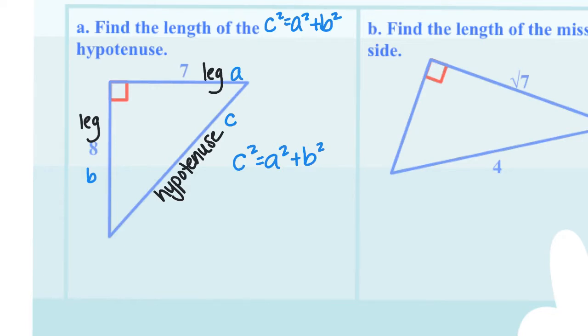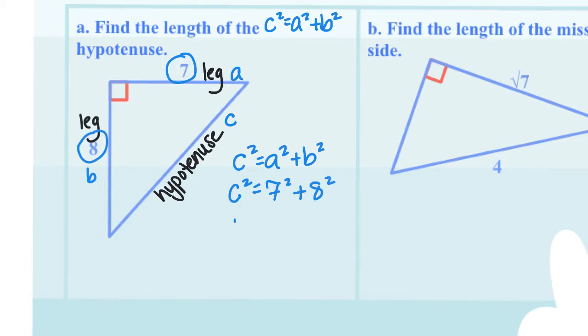We know that c is what we're looking for, so we leave c squared. A is one of our legs, which as we can see here is 7. And b is the other leg, which as we can see here is 8.